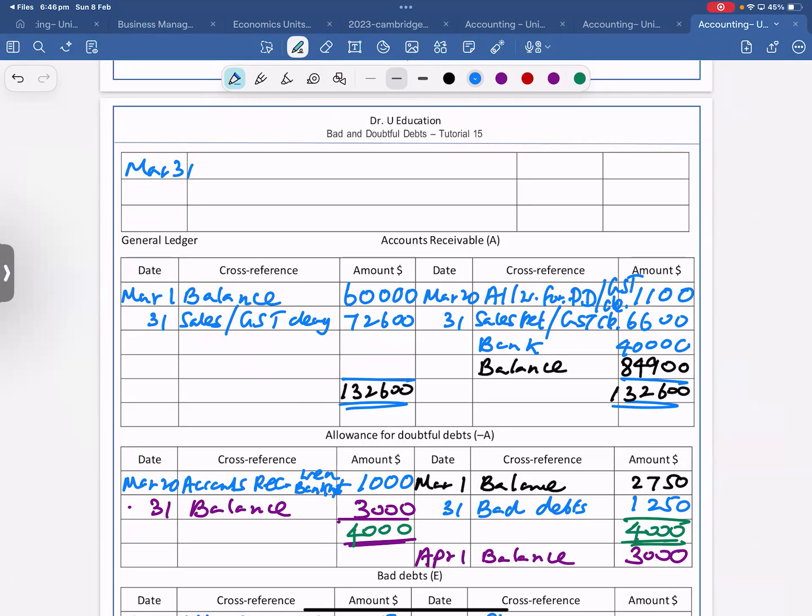Bad debts, how much? 1,250. And then allowance for doubtful debt, 1,250, right?